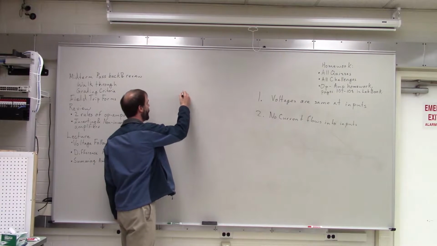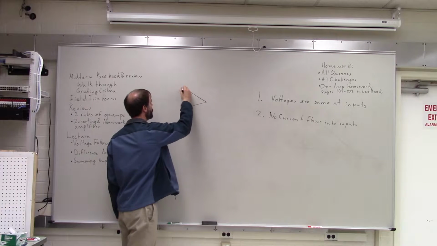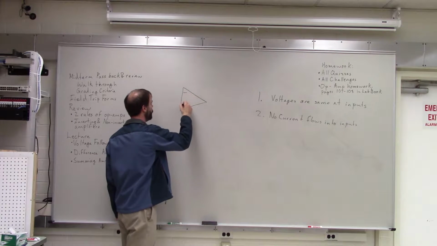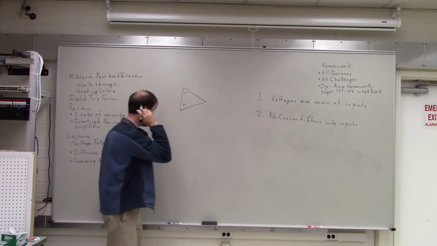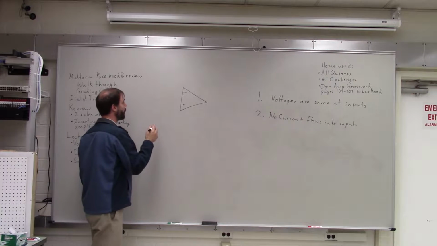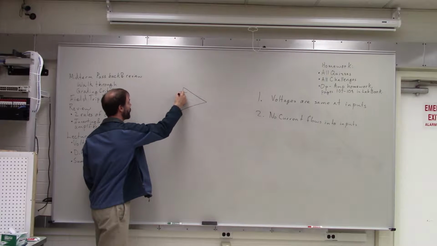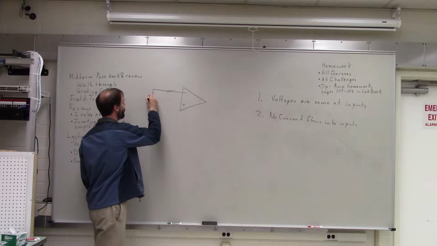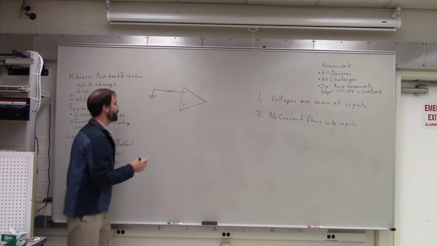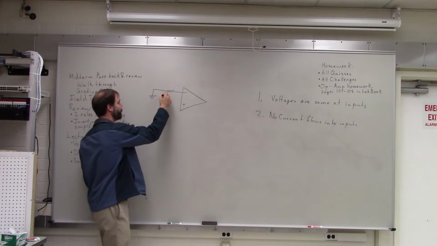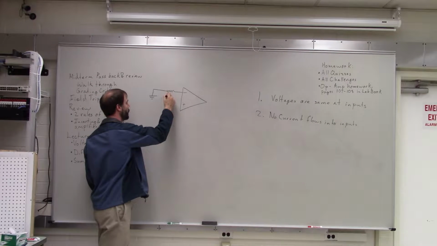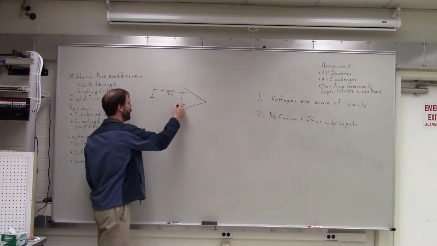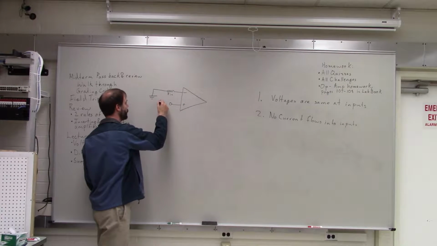With the non-inverting amplifier, the circuit was similar, but there were a few changes. So, here, the inverting input was connected to ground through this resistor, and the non-inverting input was connected to our signal.